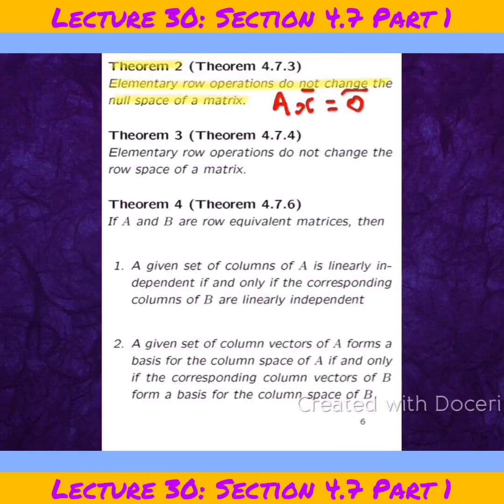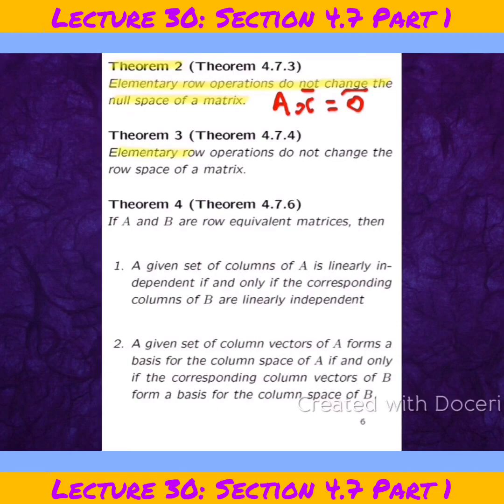If you apply row operations to A, it is most certainly not going to influence the answers that you get, because to get to the answers you have to reduce A into its reduced row echelon form, and that's not going to change the null space.